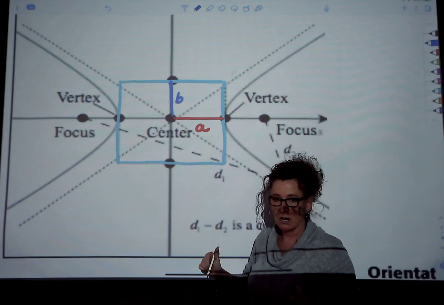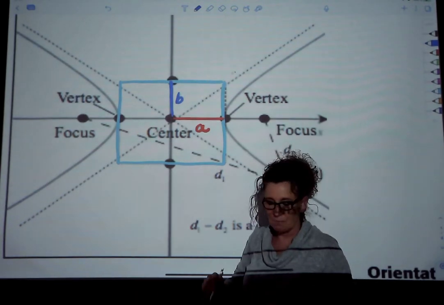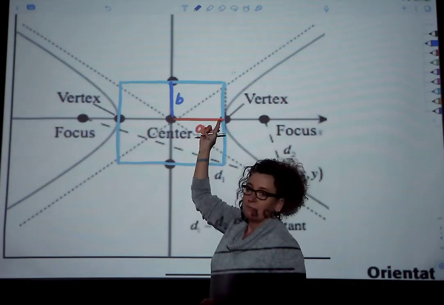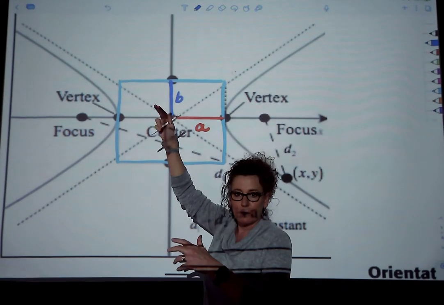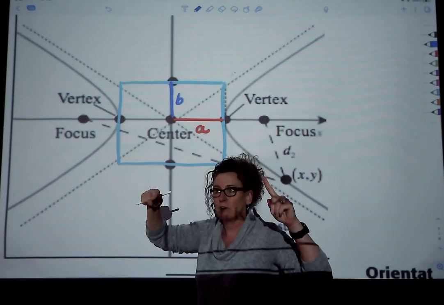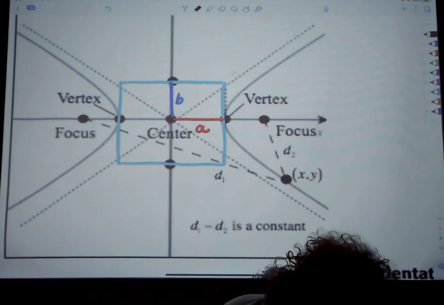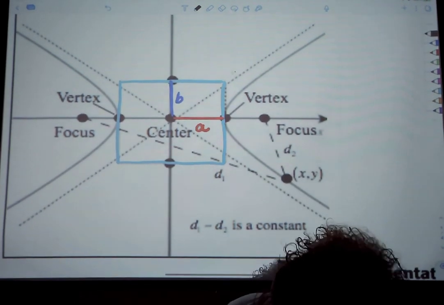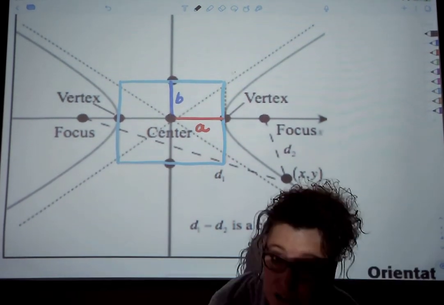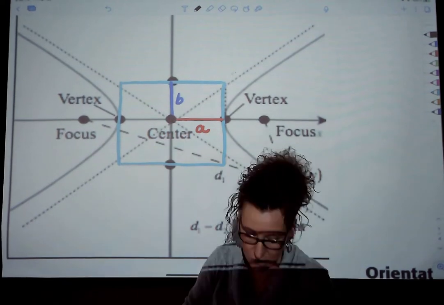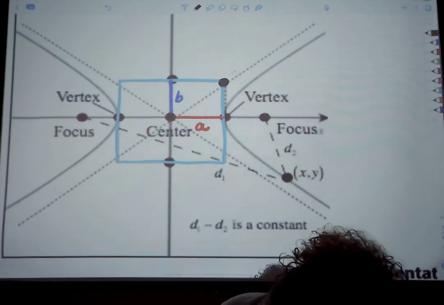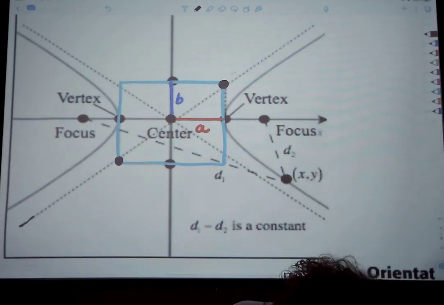So to draw the asymptotes, you figure out a, you figure out b, you plot them, you draw your rectangle. Ready? Asymptotes are going to be a line that passes through the center and through each corner of my rectangle.